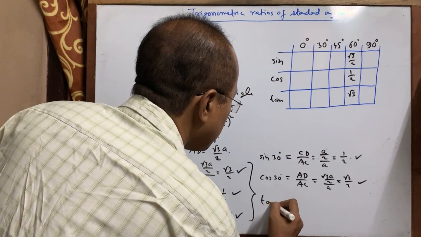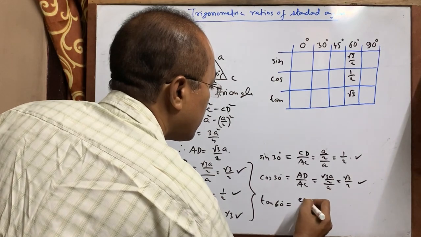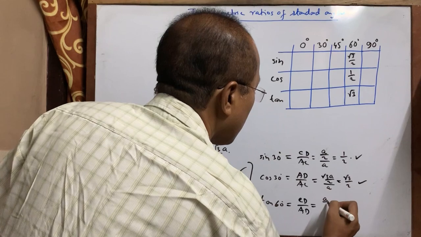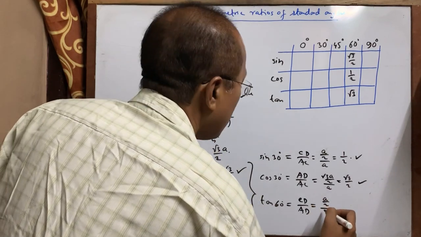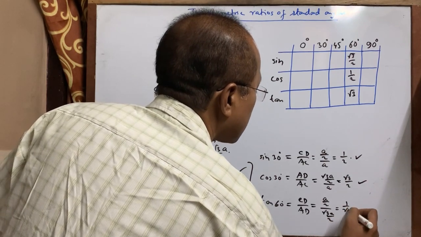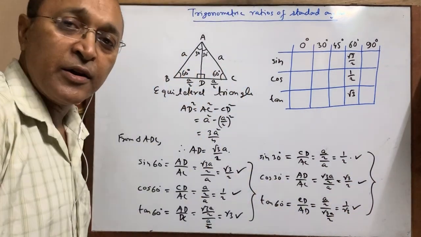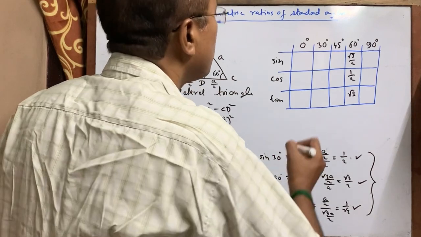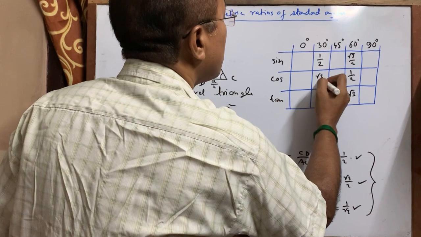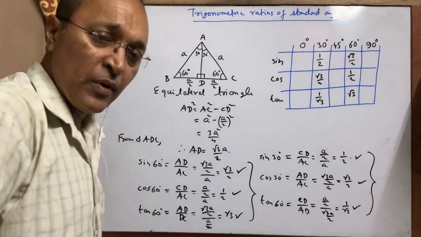And tan 30 means CD by AD, that is a by 2 by root 3a by 2. Ultimately this one is coming as 1 by root 3. So we got sin 30, cos 30, tan 30, right? Sin 30 is half, cos 30 is root 3 by 2, and tan 30 is 1 by root 3.